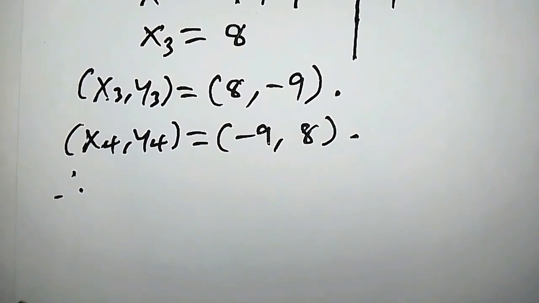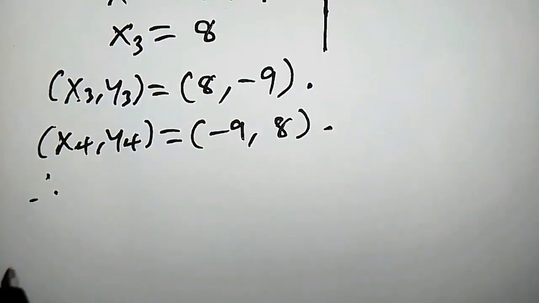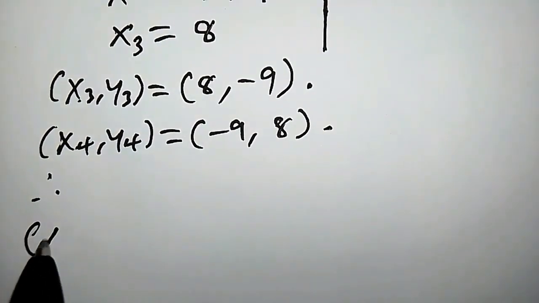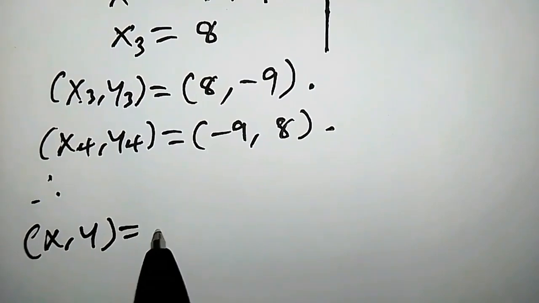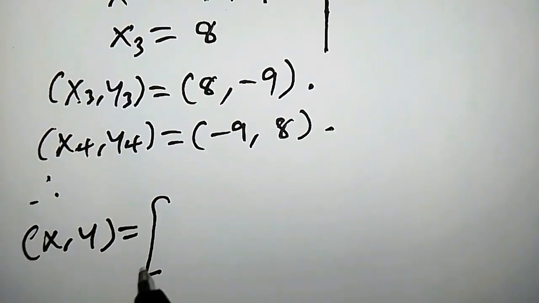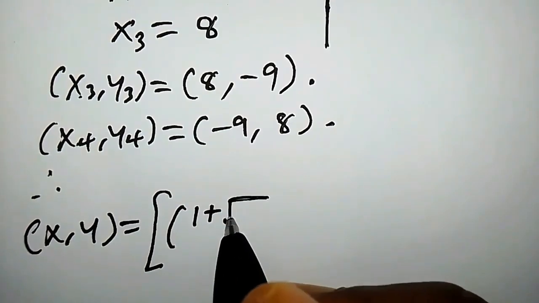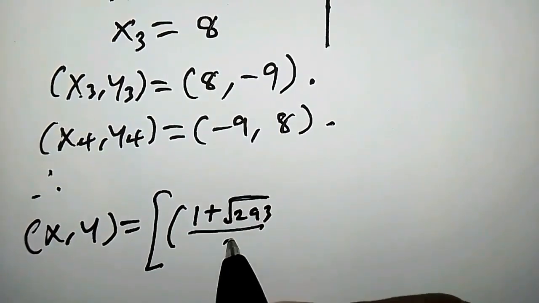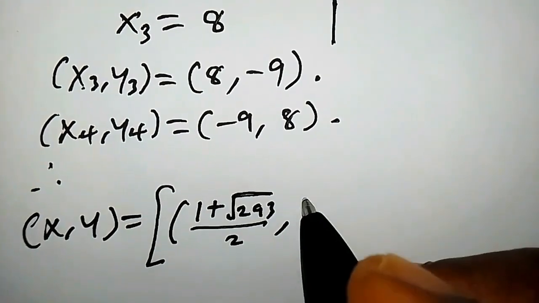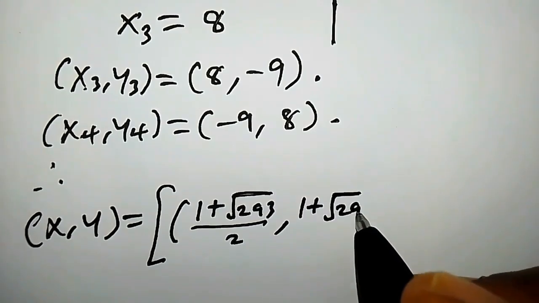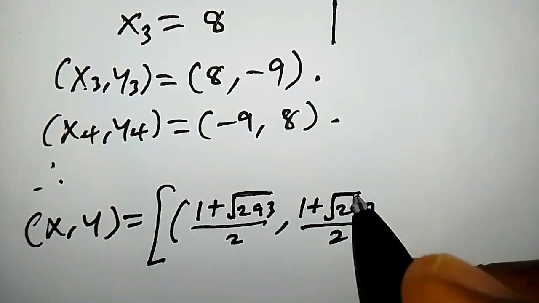Therefore, all the solutions that we have for this algebra problem are x comma y equal to: the first solution is (1 plus root 293) divided by 2, comma (1 plus root 293) divided by 2.